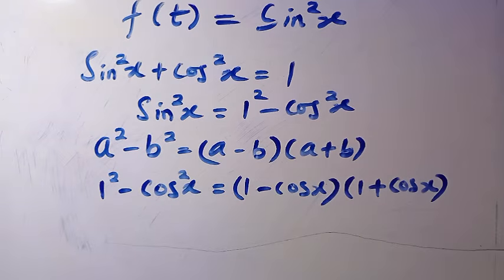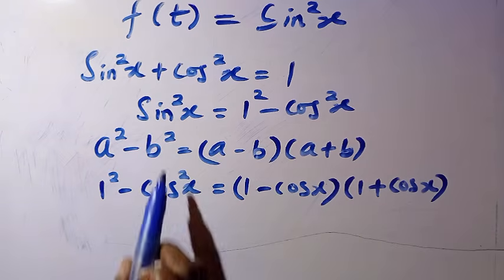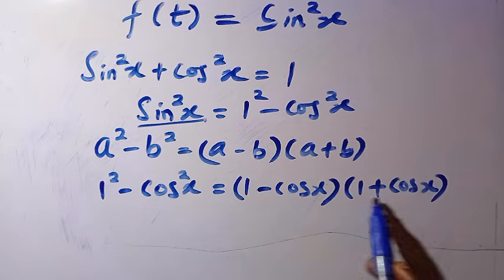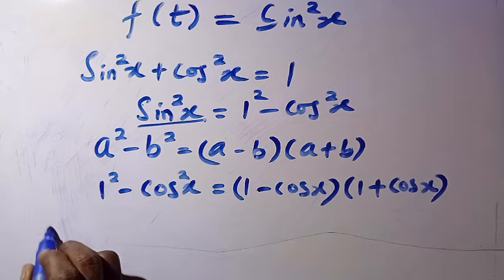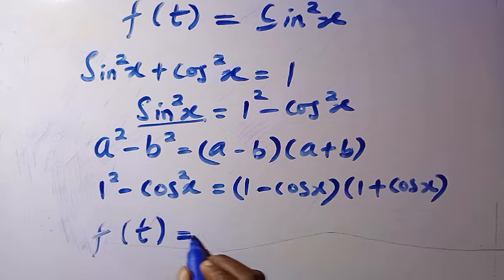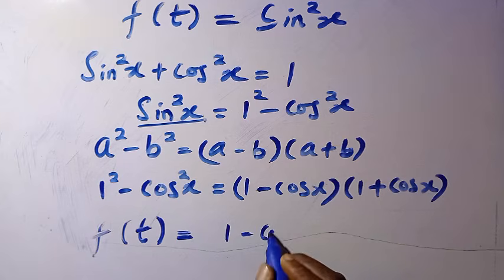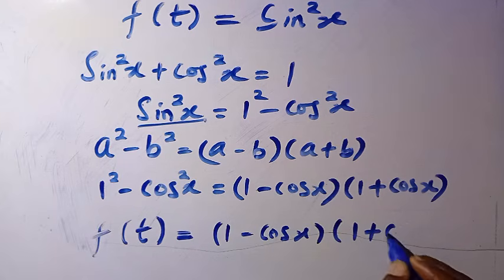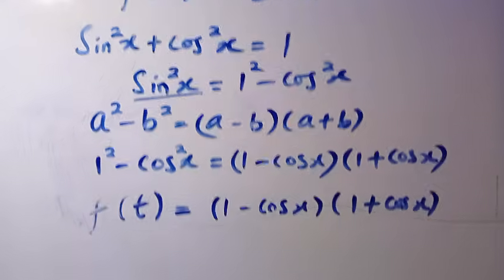So let's substitute above, and remember that sin square x, the whole of it, is 1 minus cos x and 1 plus cos x. Therefore, for every f of t, this gives us 1 minus cos x and 1 plus cos x. But yet, this is not giving us what we want.